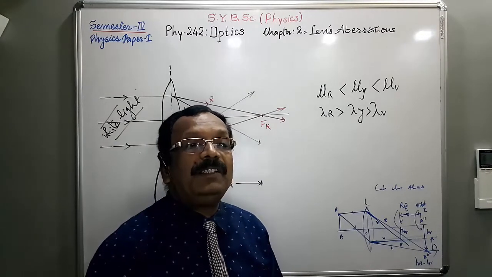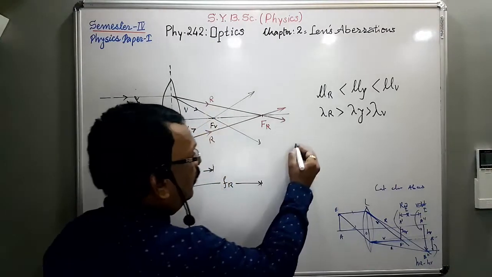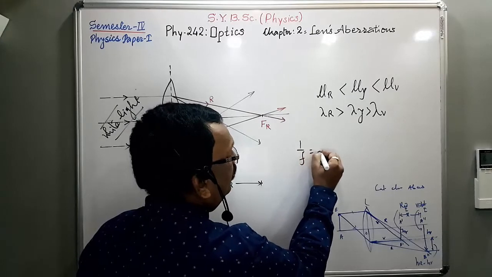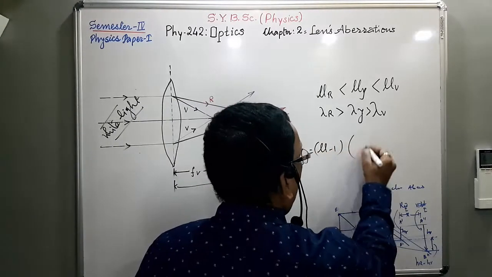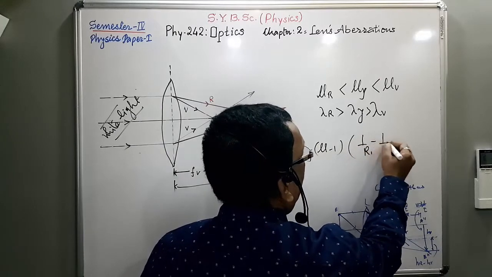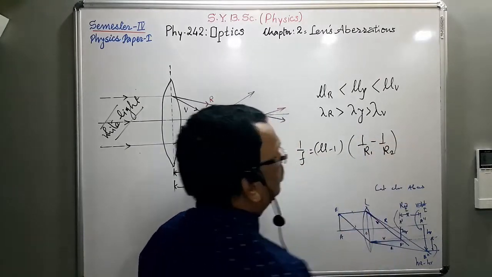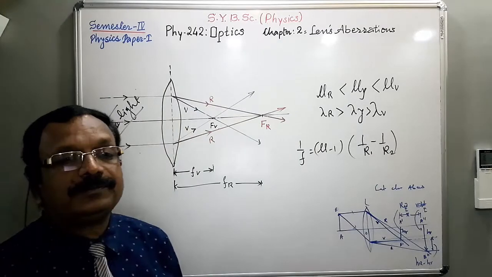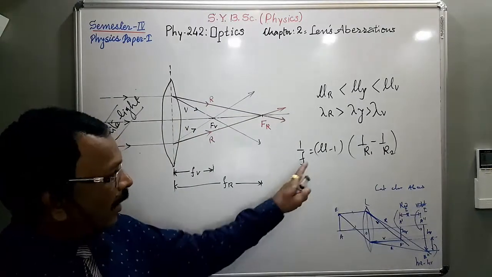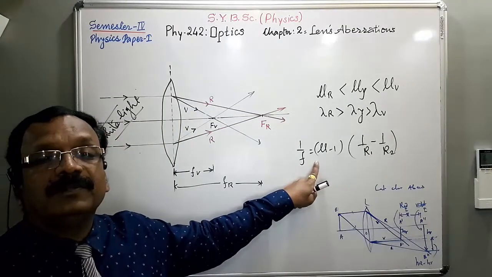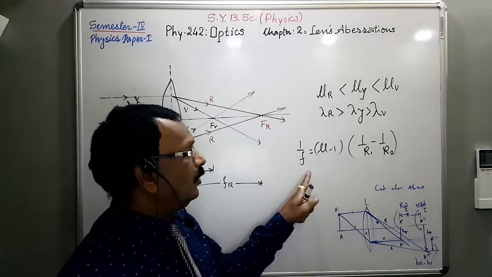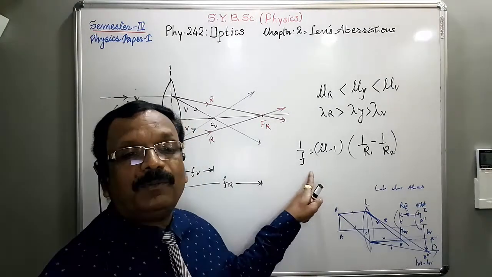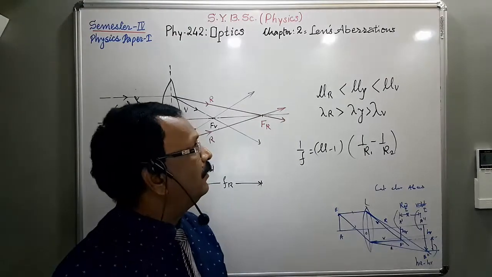Therefore, from the equation 1 upon F is equal to mu minus 1 in bracket 1 upon R1 minus 1 upon R2, this is the lens maker's equation. According to this relation, the focal length of the lens is smaller for violet rays.